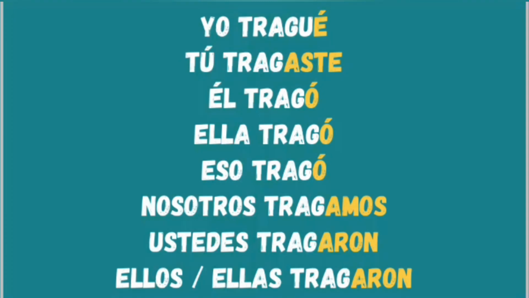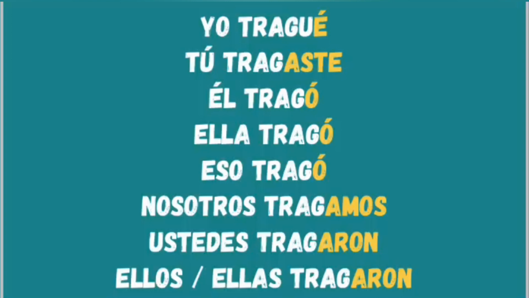Okay, and see the root word it's ending with gu. And the next we have you swallowed, which means tú tragaste. Okay, and see the root word it's ending with letter G. That's why it's an irregular verb, okay?